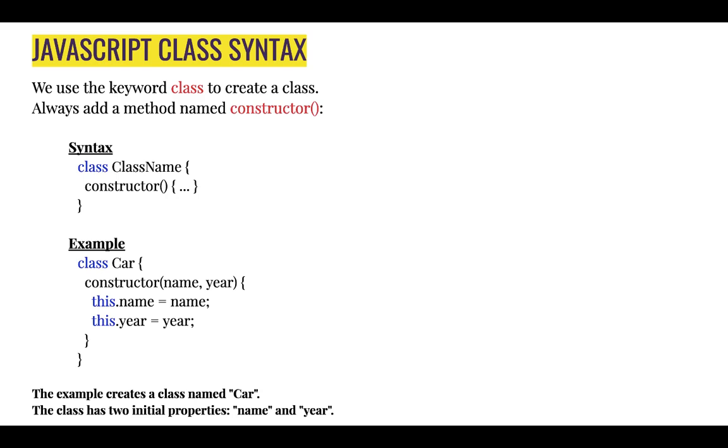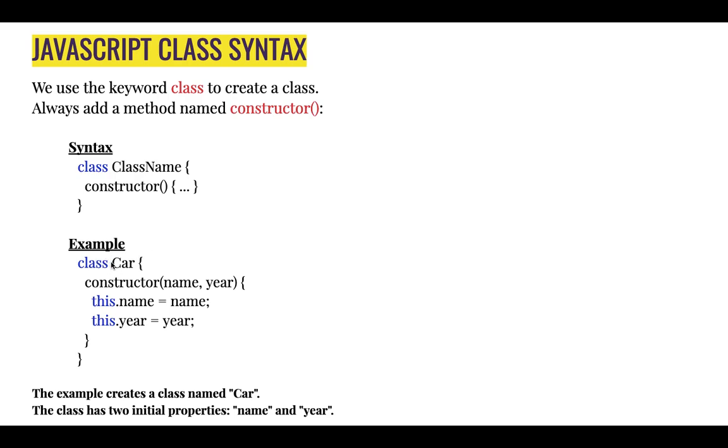To create a class, use the keyword class and always add a method named constructor inside the class. JavaScript calls the constructor method every time it creates a new instance of a class.